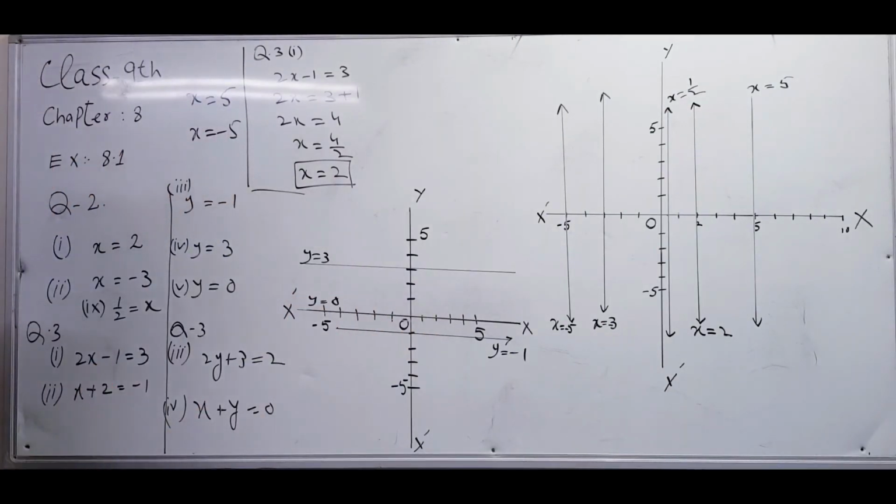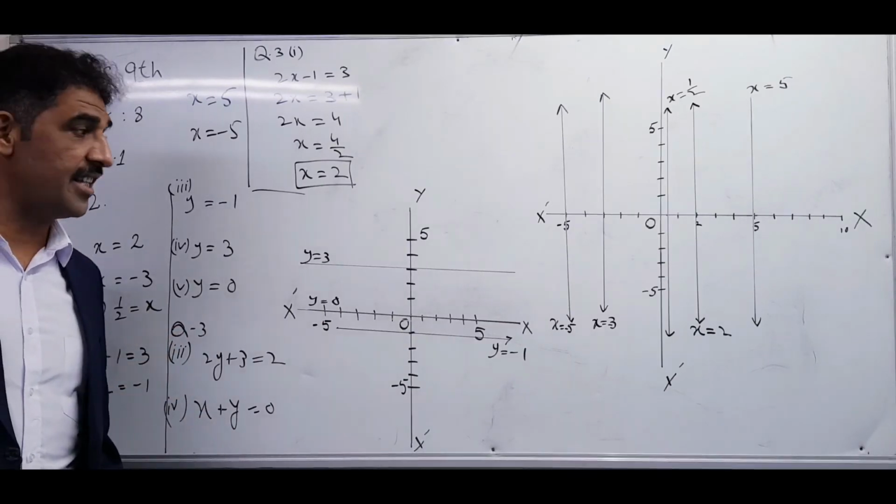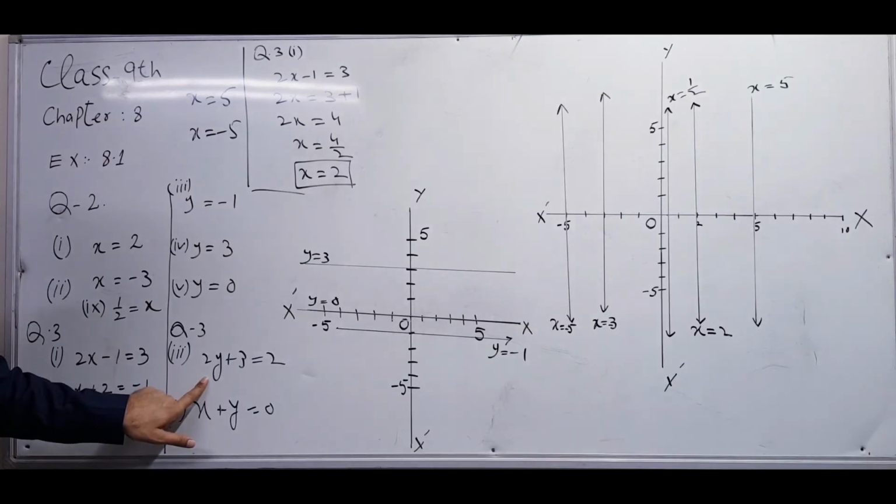Straight. So question number 3 is also asking which lines are parallel to the x-axis and y-axis. Here only the y variable is involved.